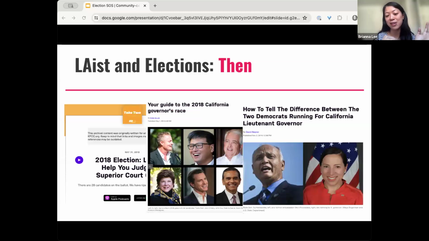And we started covering races that nobody was talking about, like the lieutenant governor's race in California, which zero people were having conversations about, but was causing a lot of confusion, not least because there were 2 Democrats running against each other, and people just didn't know how to make that choice. Every time we published one of these stories as a little experiment, our traffic would spike for those stories. And so we knew that we were on to something.